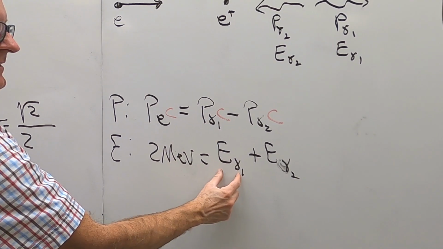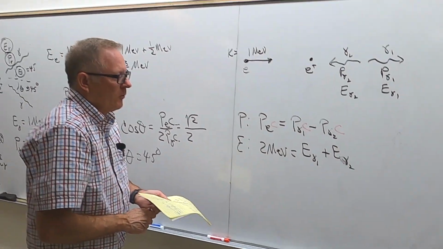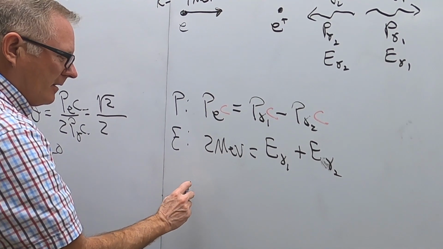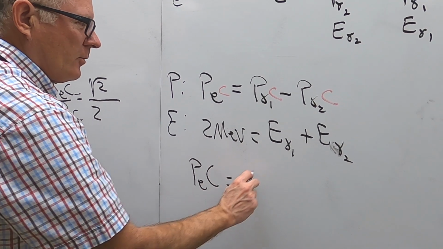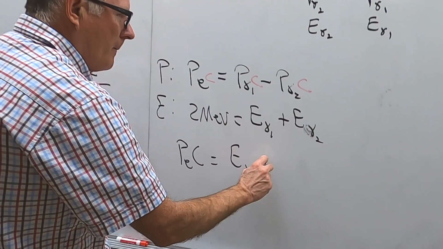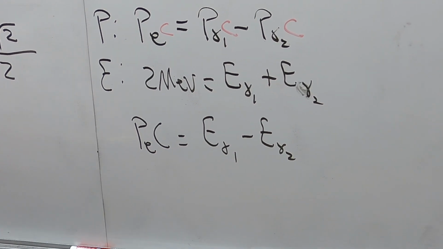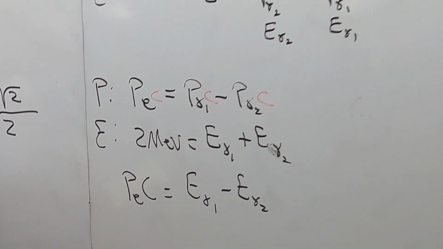So if I just rewrite this equation, this is P_e c equal to E gamma 1 minus E gamma 2. What I want to find is the two energies of these two gamma rays.